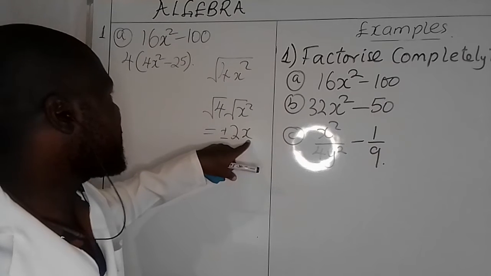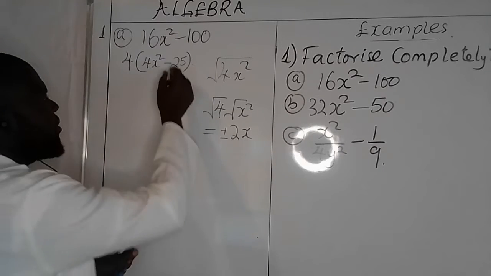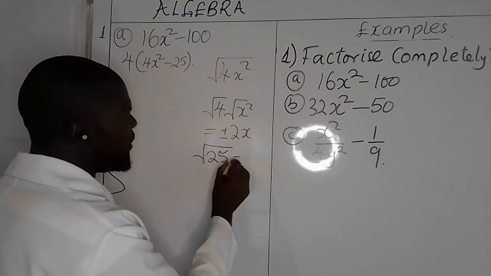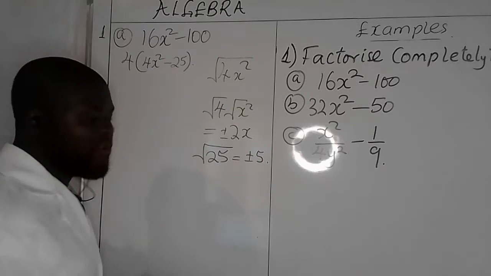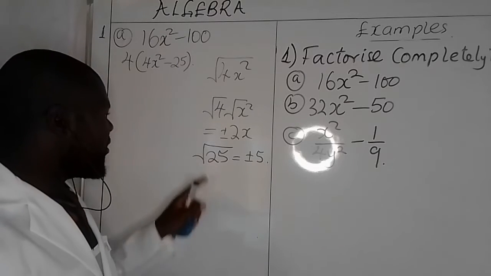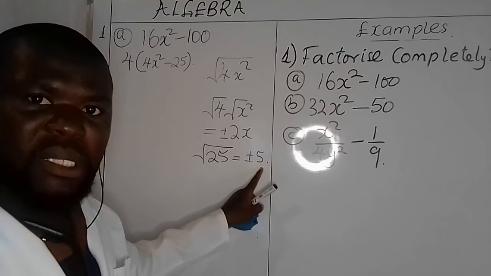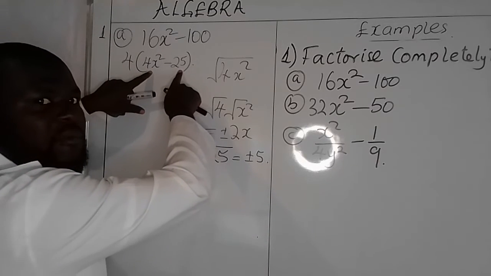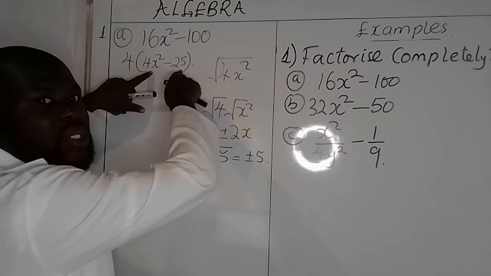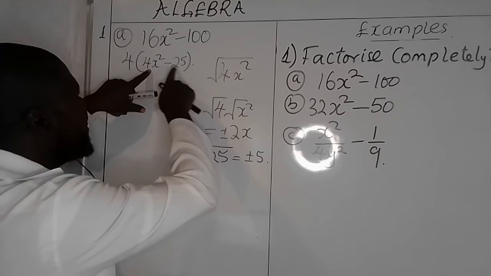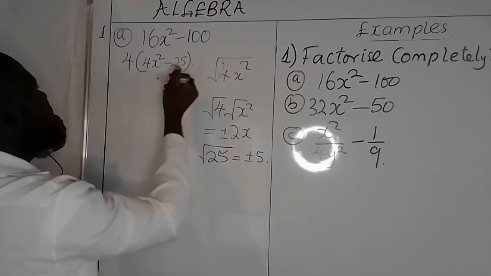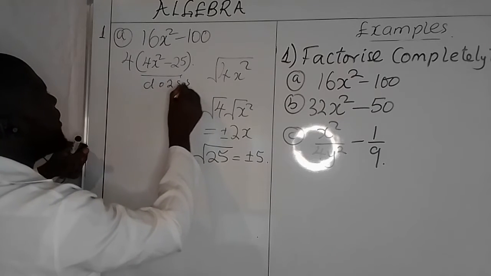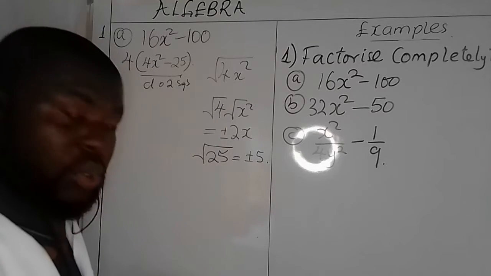And 25 also is a perfect square whose square root is plus or minus 5. So we have two perfect squares, 4x squared and 25, and now we are getting the difference. So this expression inside here is a difference of 2 squares.